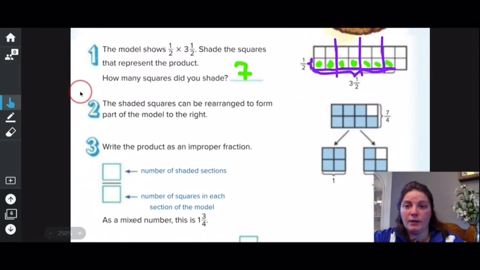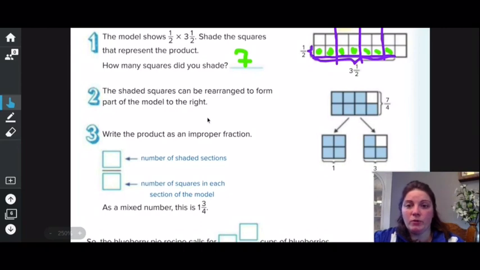All right, let's go down. The shaded squares can be rearranged to form part of the model to the right. So if I take these 7 squares and I try to make them an array, I can now see that I have 7/4. And again, where are they getting this 4th from?